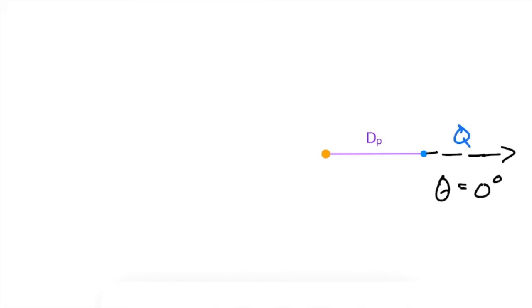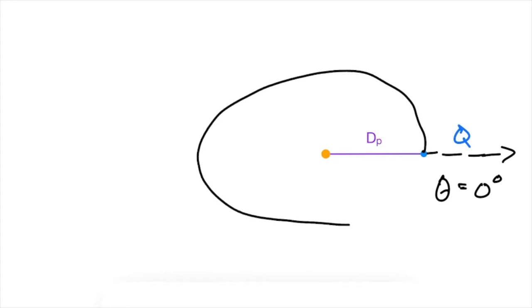So our reference direction is, again, a ray extending horizontally to the right. And let's make a guess, an incorrect guess as it will turn out, as to the shape of the orbit. Let's guess that it's something of an ovoid shape, maybe something like this.